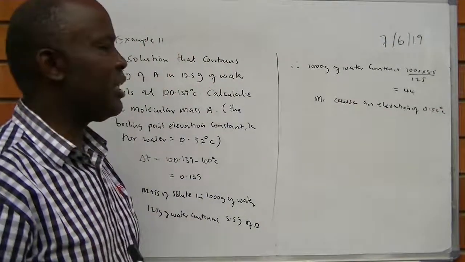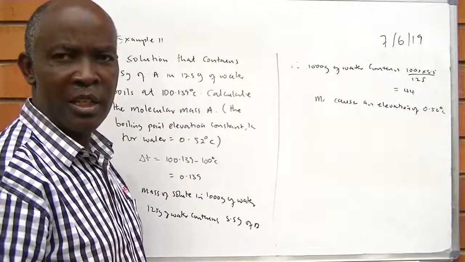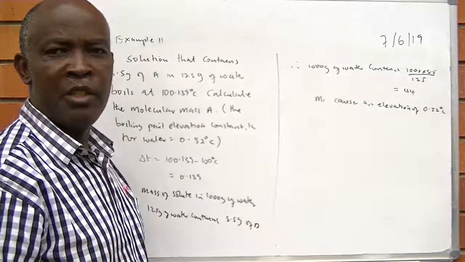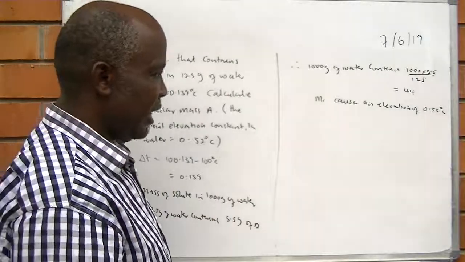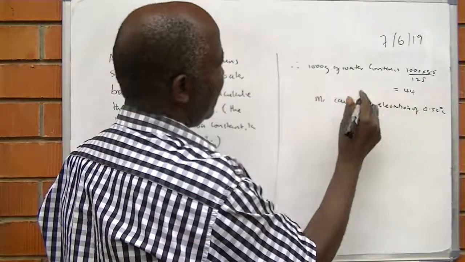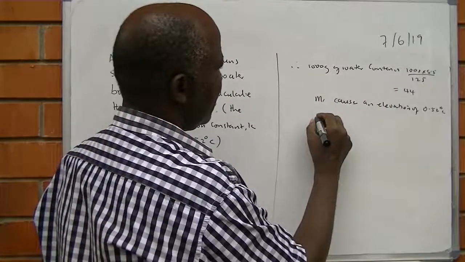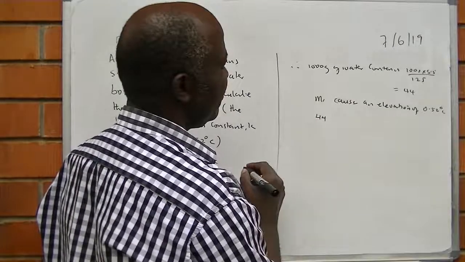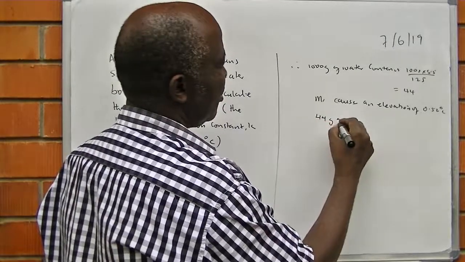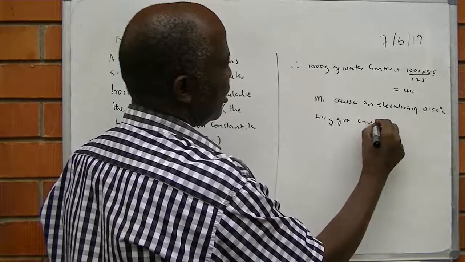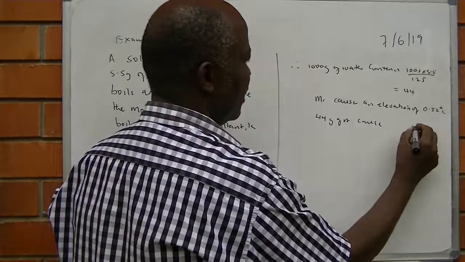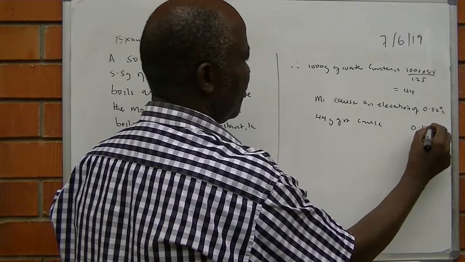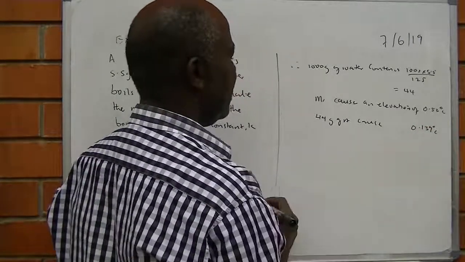One mole of a substance will cause an elevation which is equal to Kb, or K. But we are given that 44 grams of A cause an elevation of 0.139 degrees Celsius.